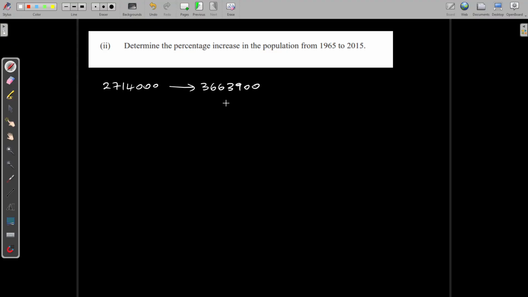What can we do here? Sir, what are we doing? We want to find what is the percentage increase. So this population in 1965 would be 100% of the population. Over here, we don't know what this percentage is.